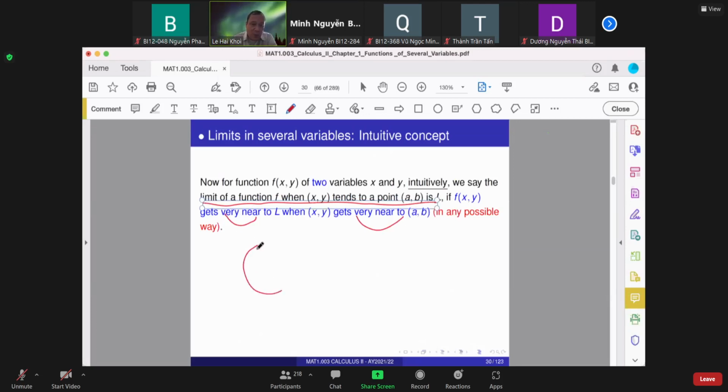here, if we talk about the neighborhood of L, then f(x) should be inside the disk of radius epsilon, here epsilon.